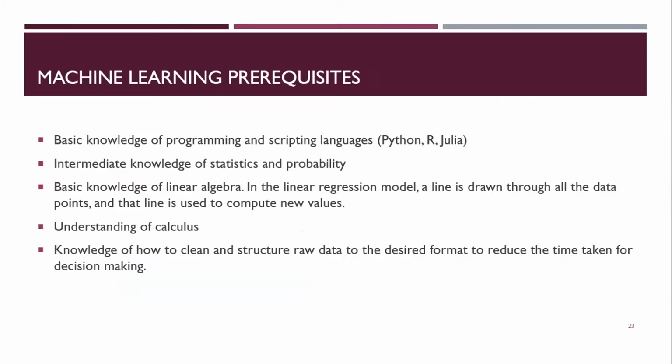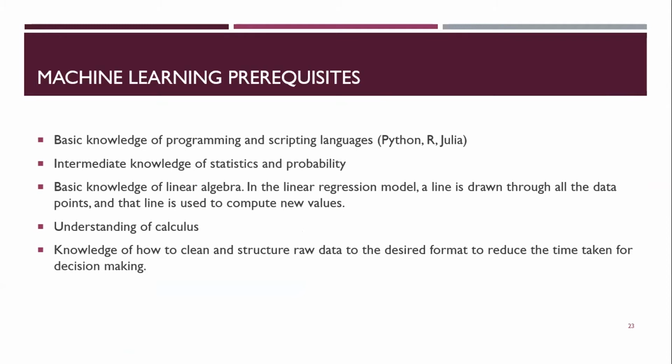Okay. So if you want to get into machine learning, you need to learn some programming: Python, R, Julia, or JavaScript. And don't be so hard on yourself that you don't know enough mathematics.